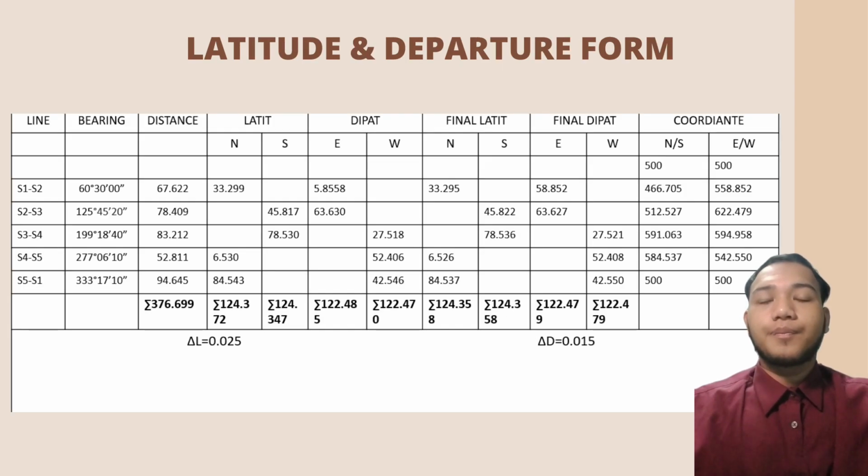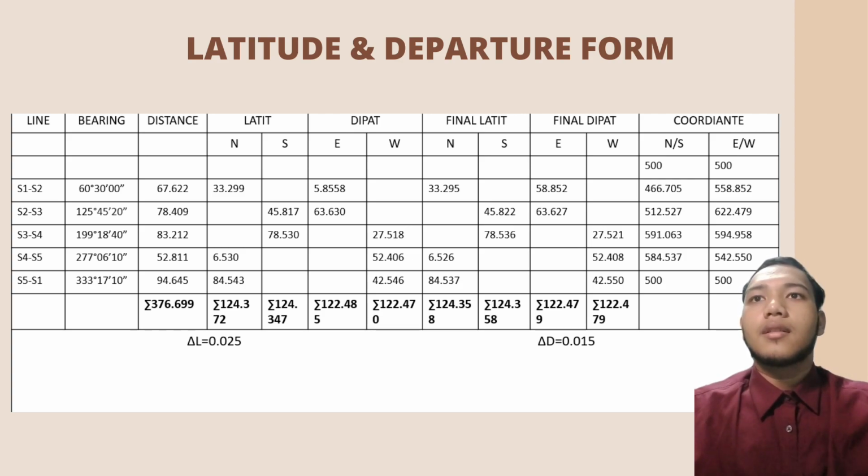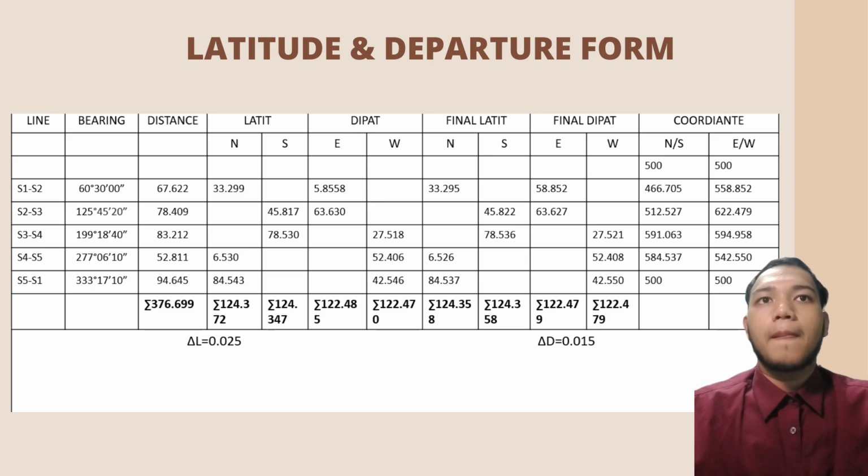Okay, and lastly I will explain how to fill in the latitude and departure form. At the form we have line, bearing, distance, latitude, departure, final latitude, final departure, and coordinate.